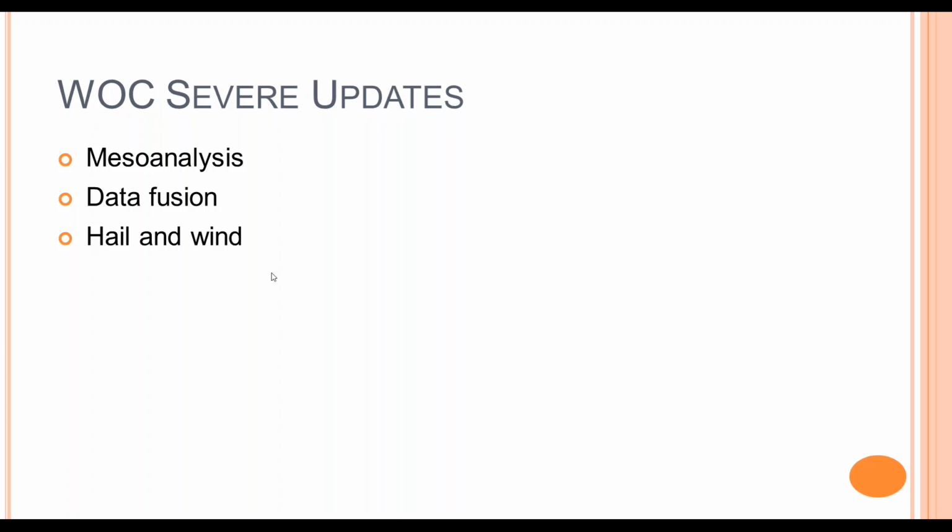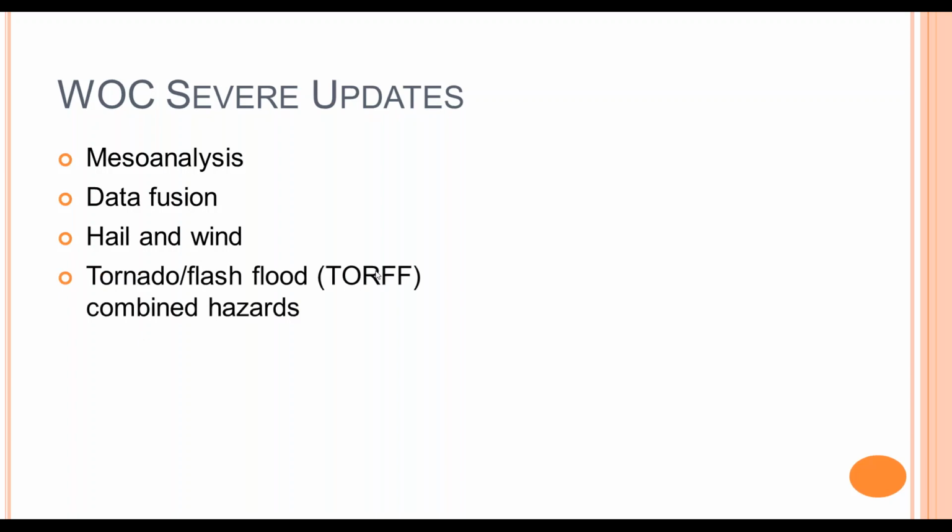We're updating both our hail and our wind guidance. We're also adding a module that's actually going to be a first for us in WDTD, that it's joint among several of our WALKs, WALK Severe, WALK Flash Flood, and WALK Core, which is becoming WALK Human Factors next year. And that combined module will be talking about the combined hazards of tornadoes and flash floods that overlap each other.